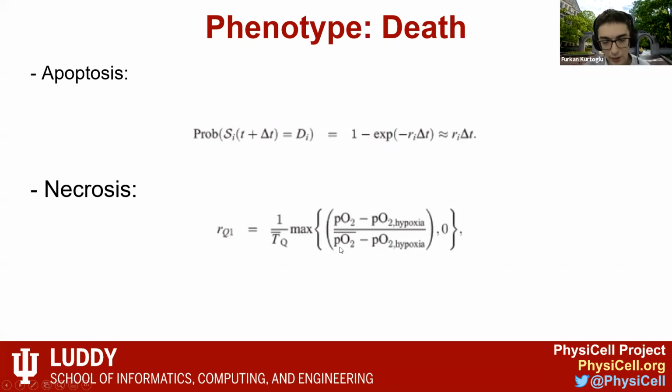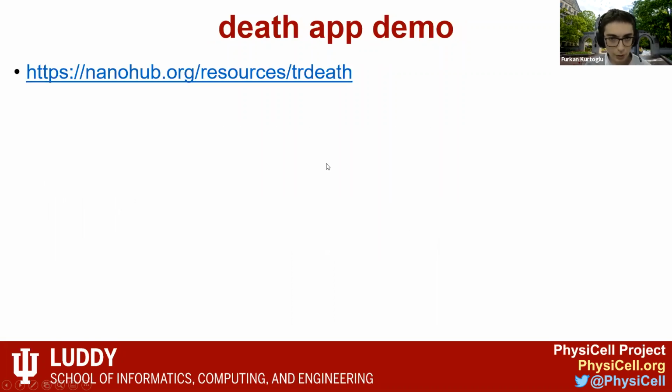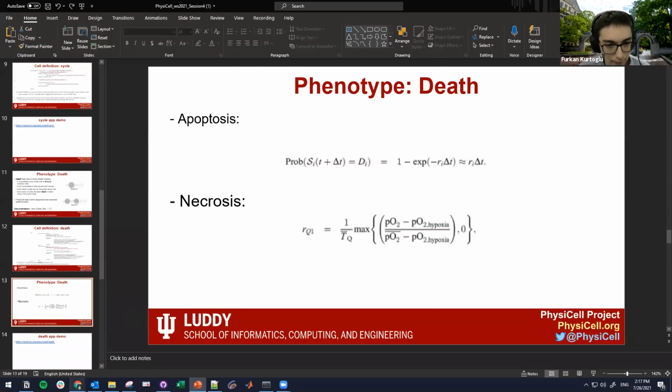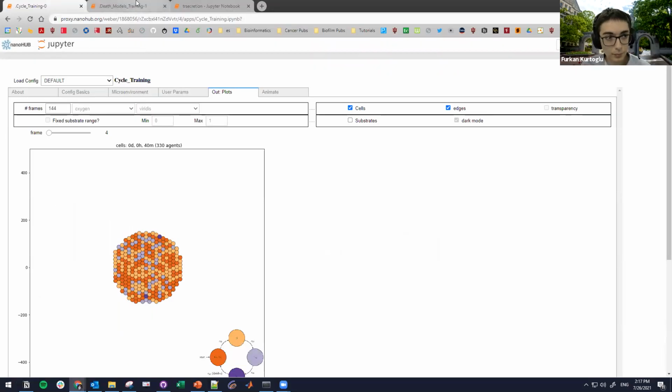If the oxygen level passes that point, then it becomes the maximum one, and that increases the necrosis rate. So let's go to the death model if we don't have any questions.